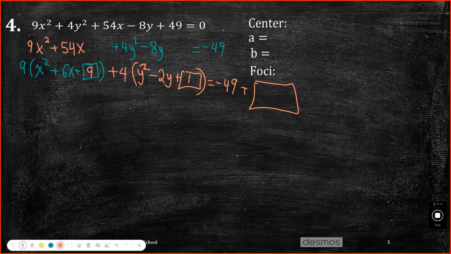Because you have to multiply this 9 by this 9 too. So it's 9 times 9, 81, plus 4 times 1 is 4. That's 85, so it can stay balanced.